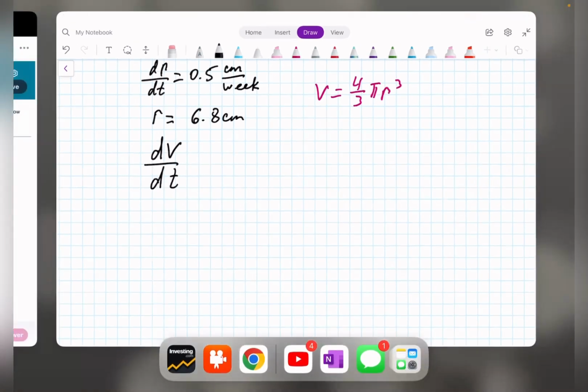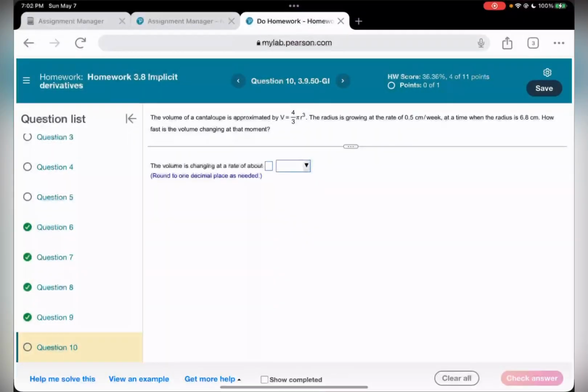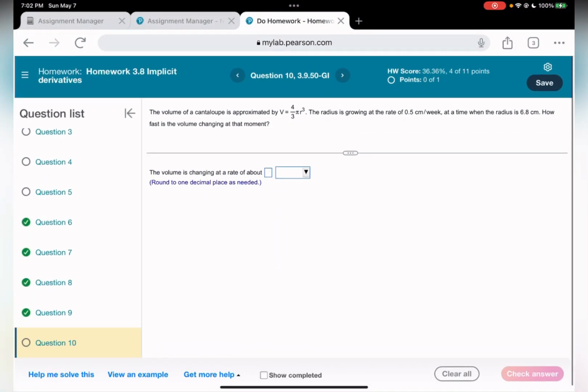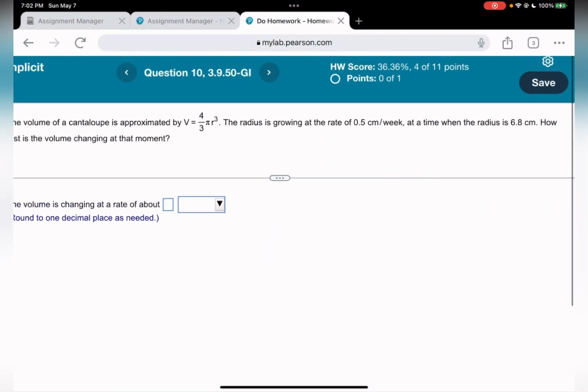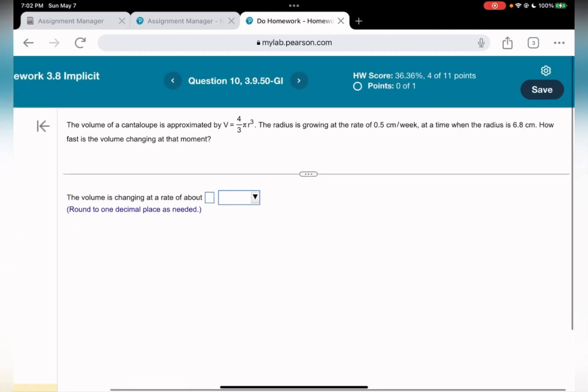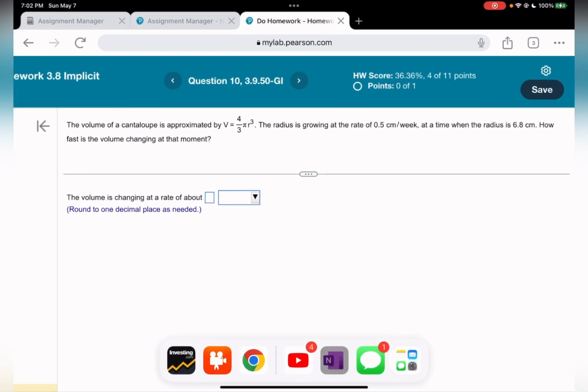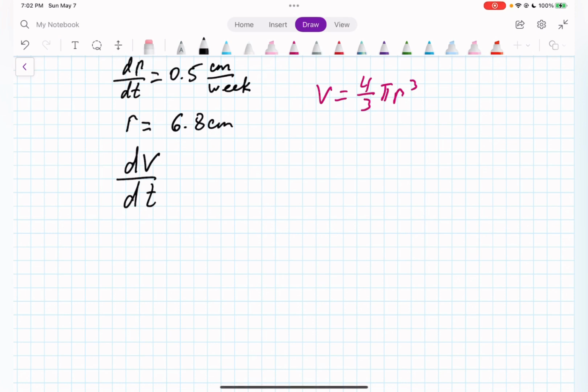Let me check one more time. 6.8, yes, and 0.5. Okay, very good. So dV/dt is equal to what? Well, we're going to differentiate the equation with respect to t, because the change of volume is with respect to time, correct?